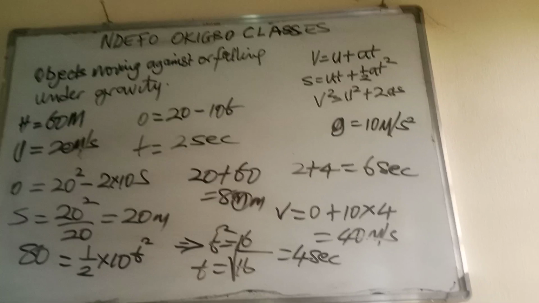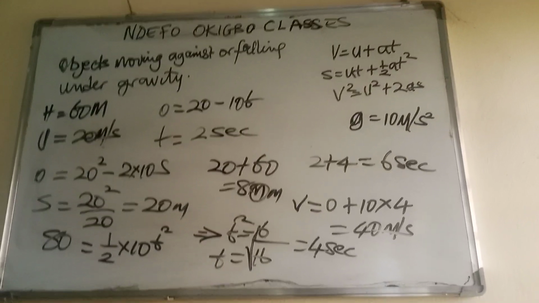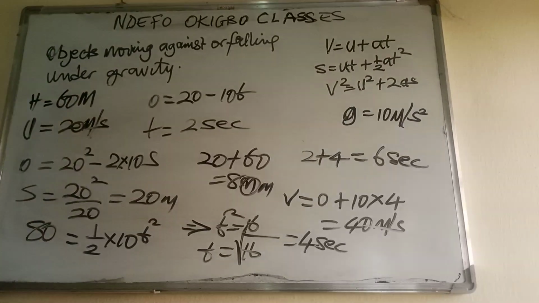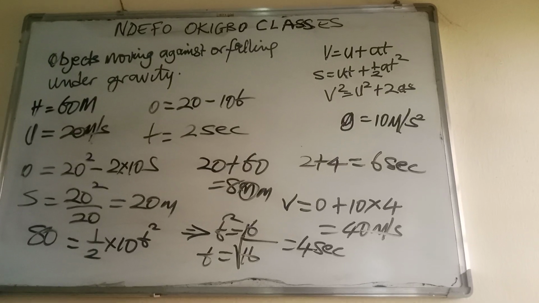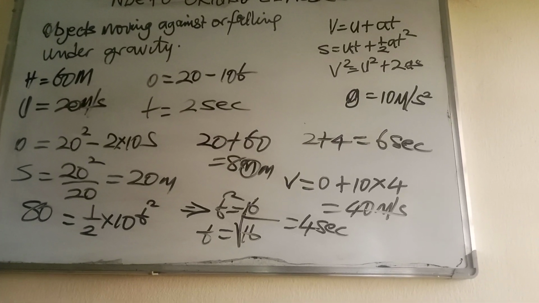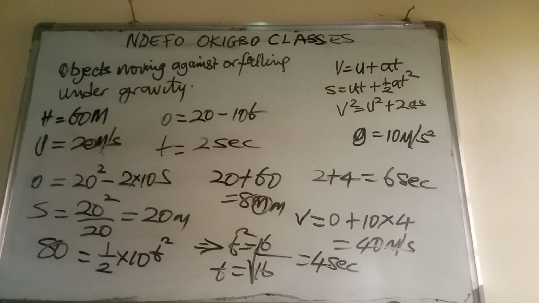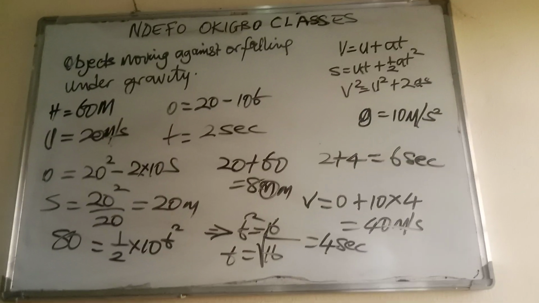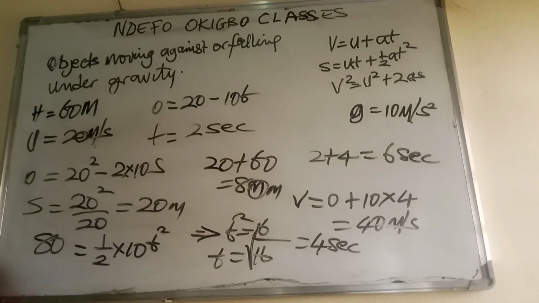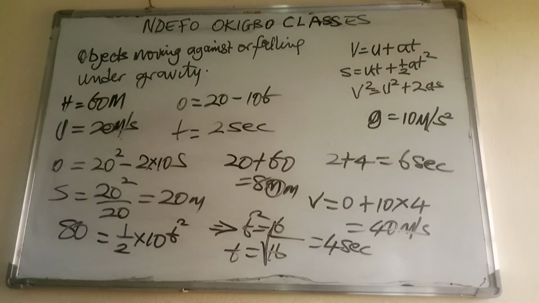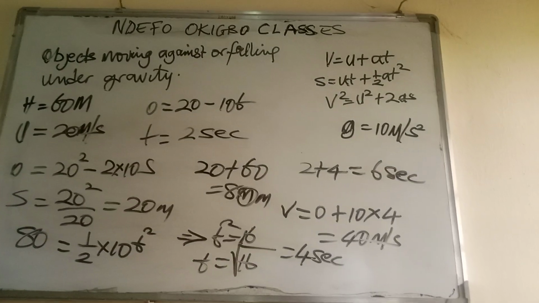So first of all, we got the time he used to get to the highest point using the first equation, which is 2. Then we got the time he used to land from that highest height to the ground, which is 4. Then the time from the hand of the thrower to the ground will be 4 plus 2, which gives us 6.